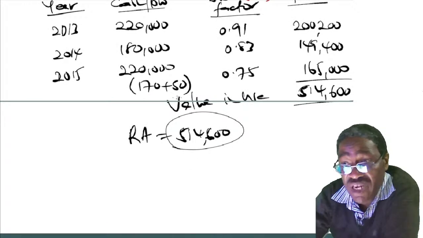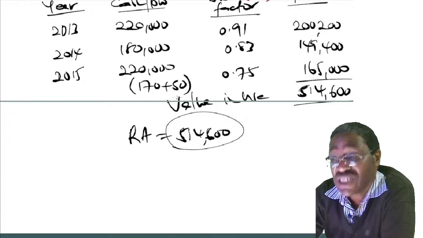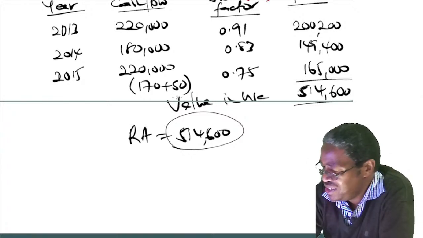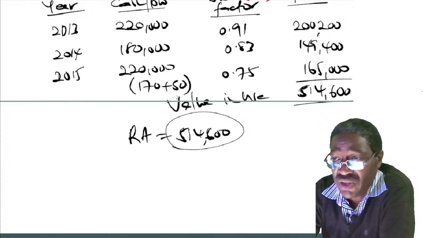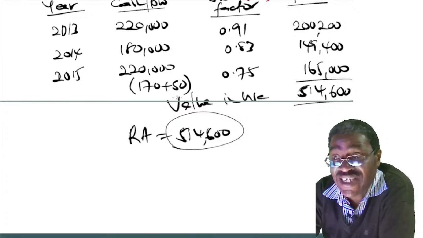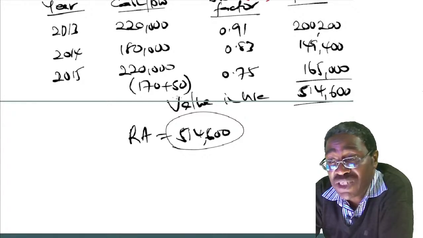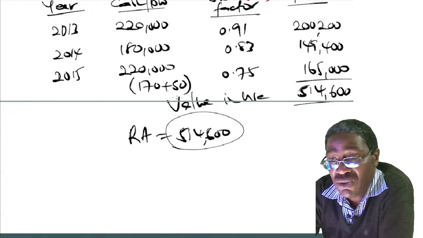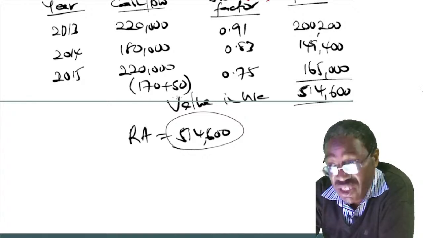So I hope you can already see this plant has not suffered. Are you there? It has not suffered. Why? Because our carrying amount is less. It's 500, while the recoverable amount is 514.